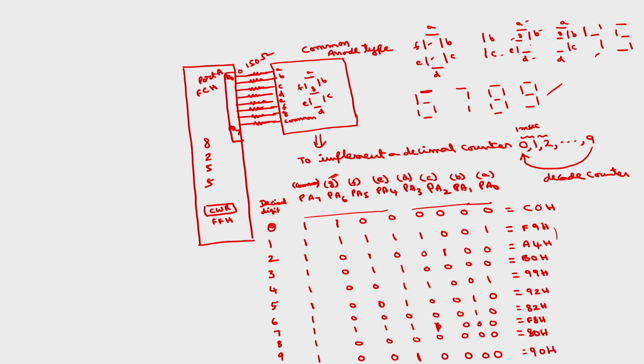I am going to store these values into some memory location starting with some offset, say 6000 offset, in a data segment whose starting address is say 50,000.